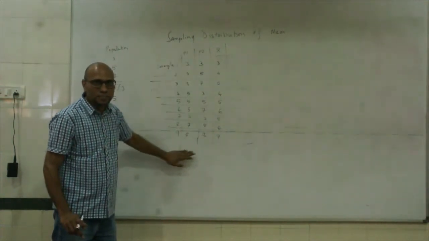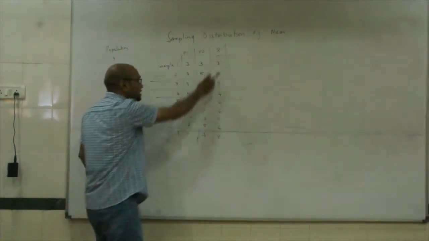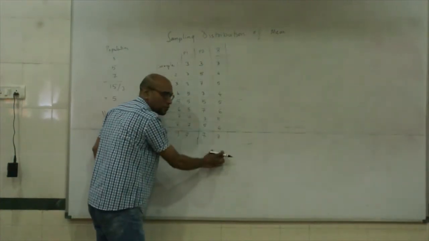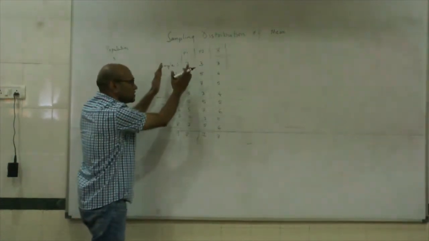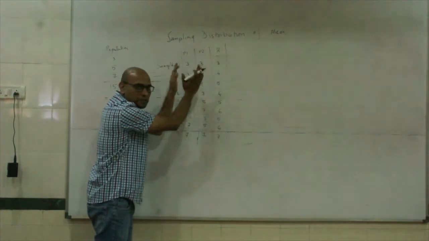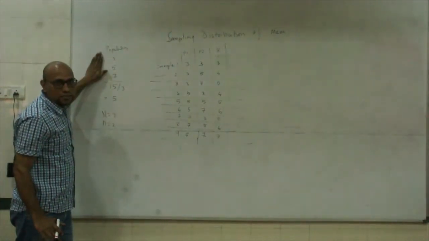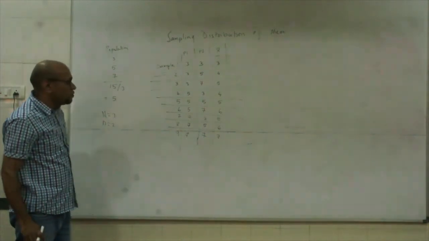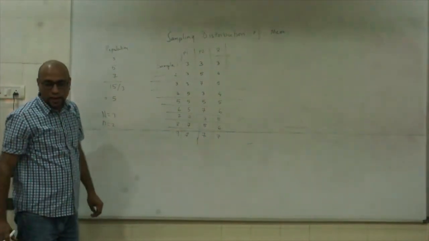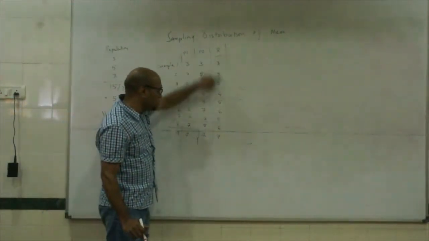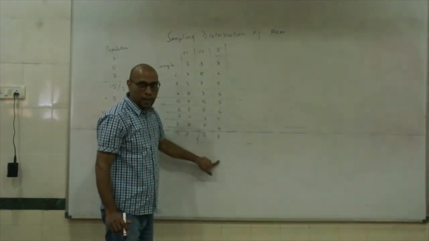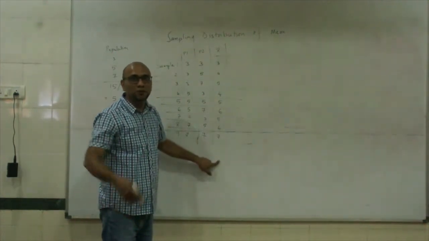These are all possible sample means for this particular sample size for a population of this particular size. Right? Now, what I can do is take the sum of these values and find the mean of the means.